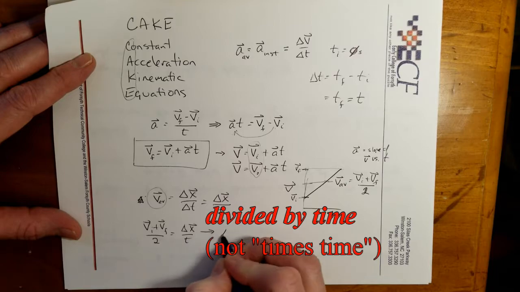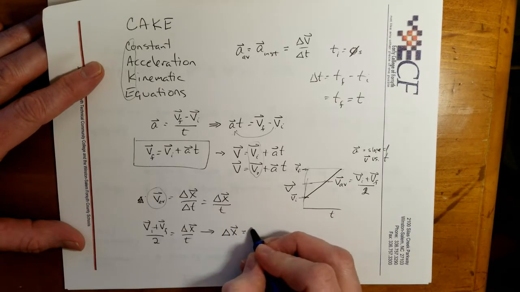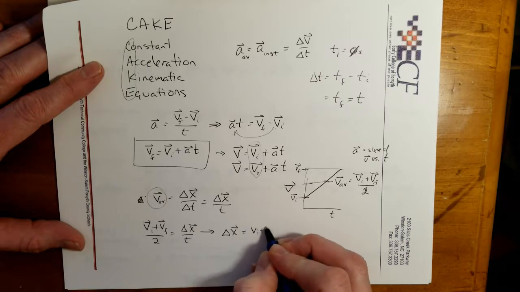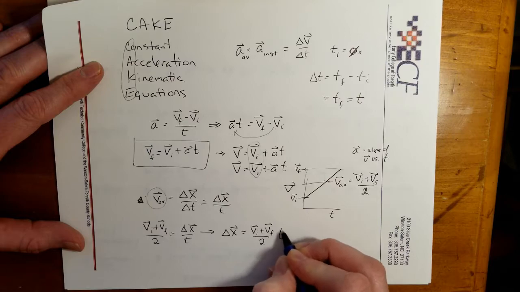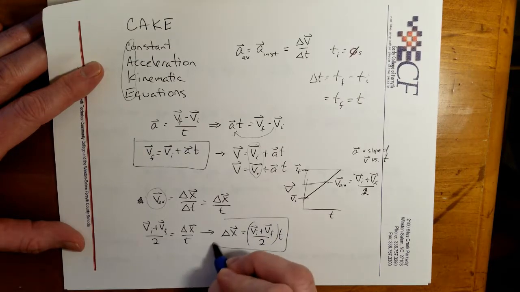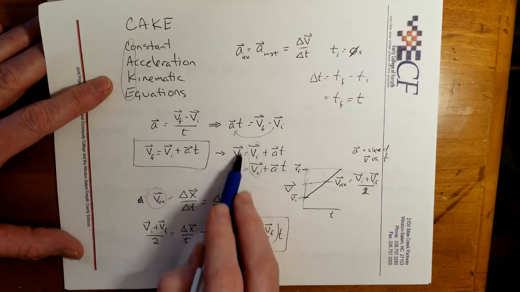And so therefore delta x, or the displacement, is equal to vi plus vf over 2 times time. That is the second one we're deriving right there. We also can drop the f here or put a 0 or an O in for i, similar to the variations from up there.